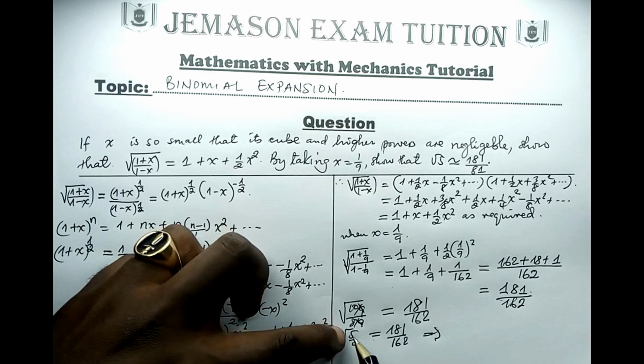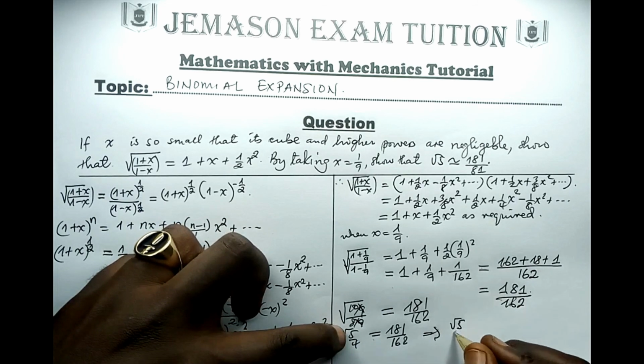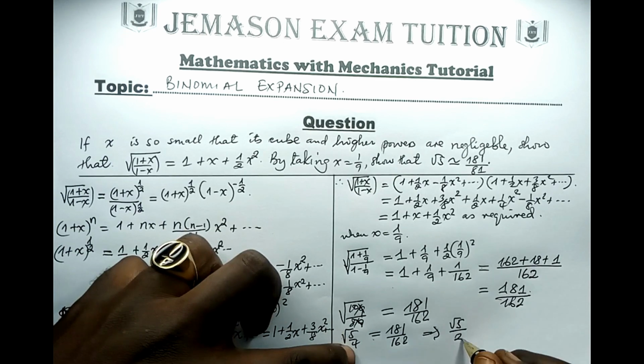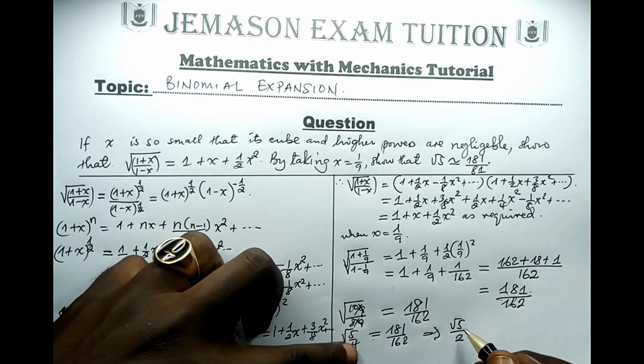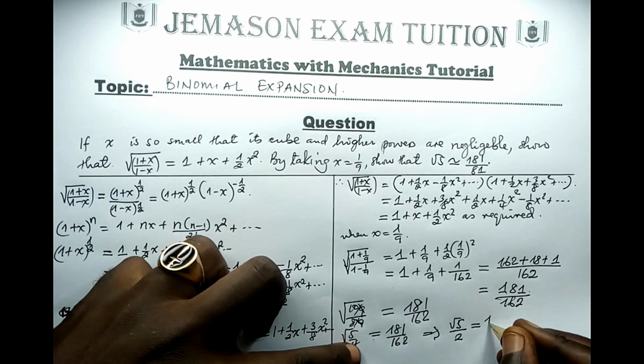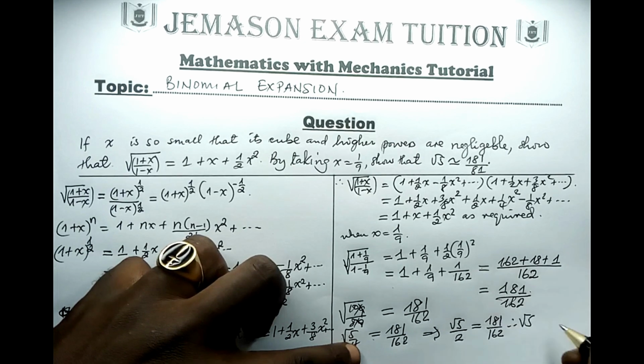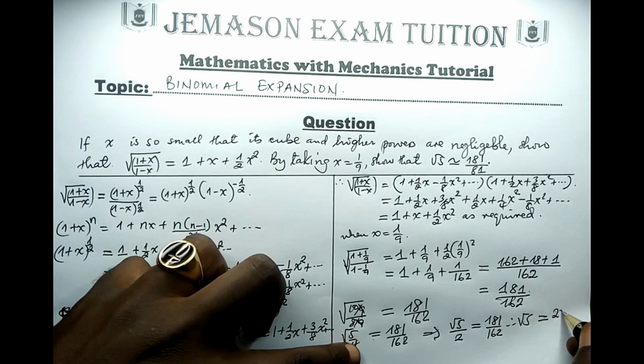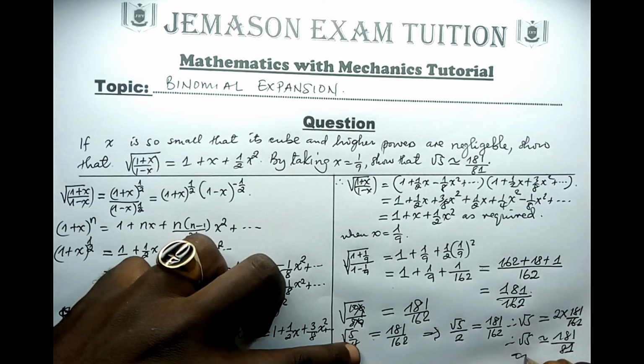Now the root of 4 is 2. Root 5 over root 4, root of 5 divided by 2, since root 4 is 2, should be equal to 181 all over 162. Therefore, root 5 should be equal to 2 times 181 all over 162. And so root 5 should be approximately equal to 181 all over 81 as required.